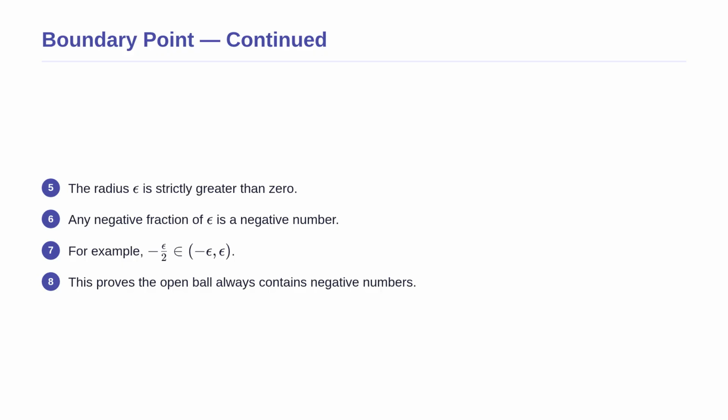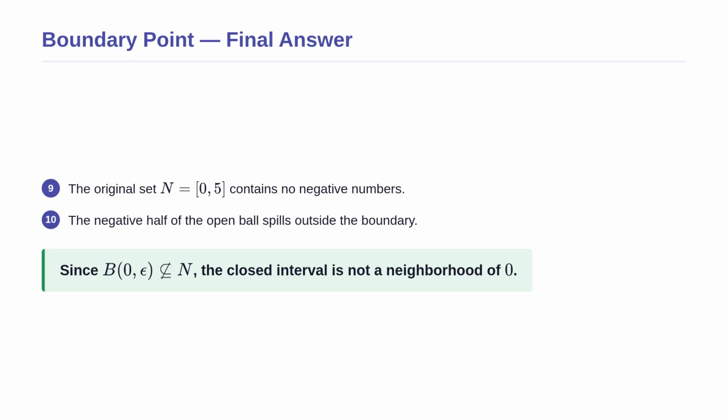Because the radius is strictly greater than 0, any negative fraction of it is a negative number. For instance, negative epsilon divided by 2 is a specific negative number that lives inside our open ball. This proves that no matter how microscopic we make the radius, a perfectly symmetrical bubble around 0 will always contain some negative numbers. Now we look back at our original set, which only goes from 0 to 5.